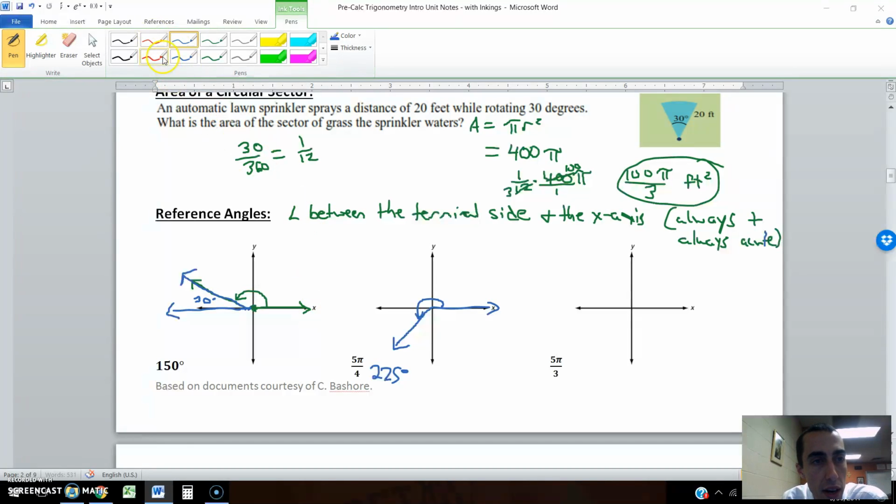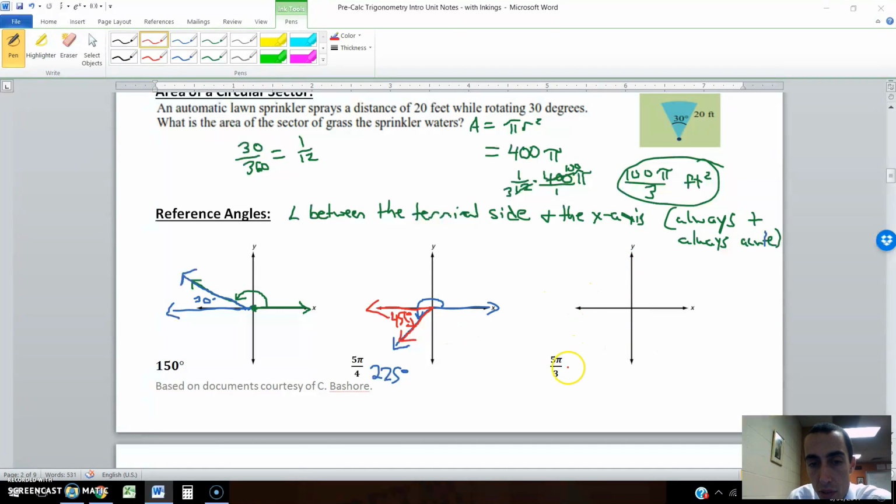Reference angle is found in between the terminal side and the x-axis, the closest x-axis, which would be this one. So then we ask ourselves, what would this angle measurement be? The blue angle is 45 degrees past 180. And so the reference angle here is 45 degrees.